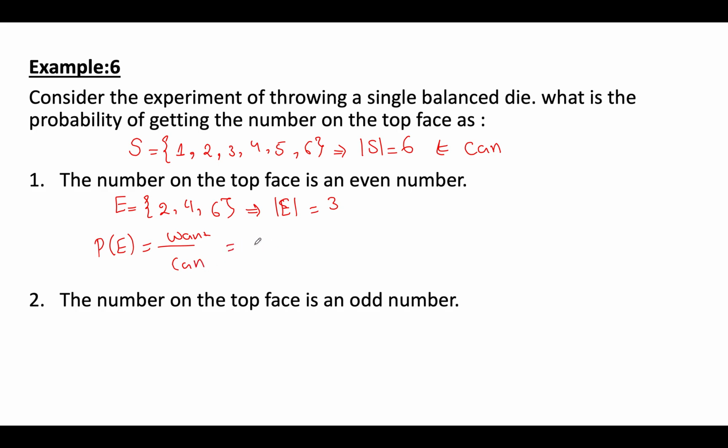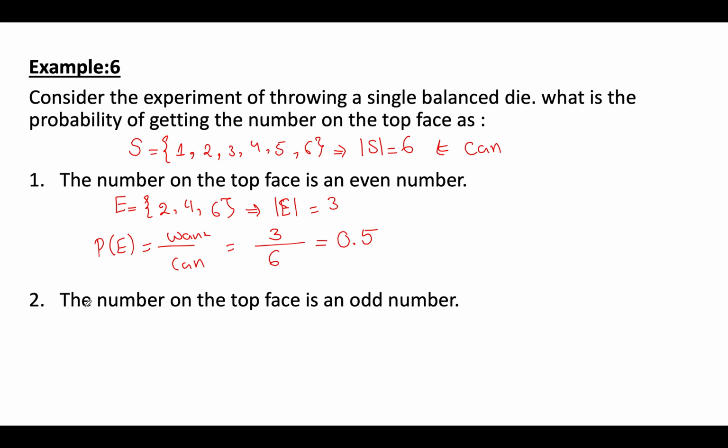What do we mean by this? What I want is an even number, so either 2 or 4 or 6. How many sample points are in my event? There are 3. All the possible outcomes I can get from this experiment are either 1 or 2 or 3 or 4 or 5 or 6, which equals 6. Now 3 divided by 6 is equal to 0.5. So 0.5 is the probability of getting an even number.